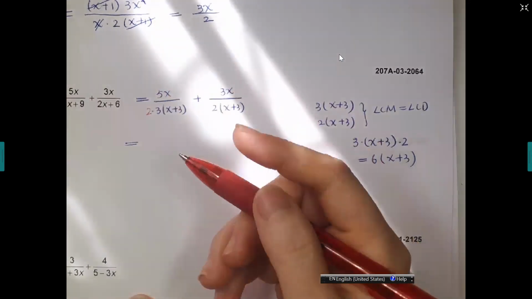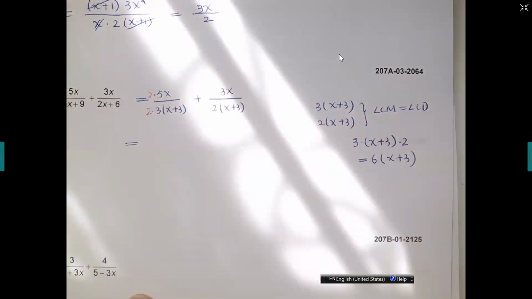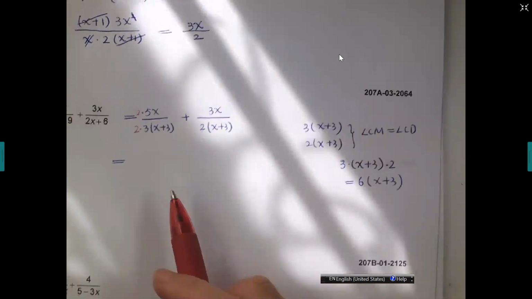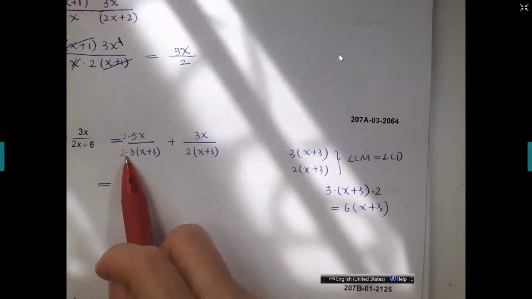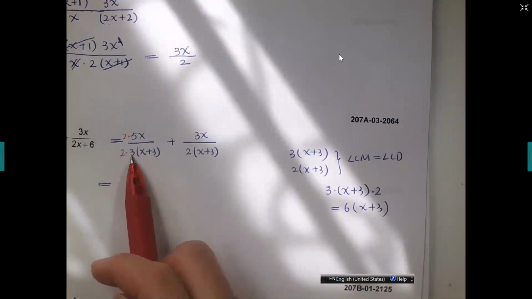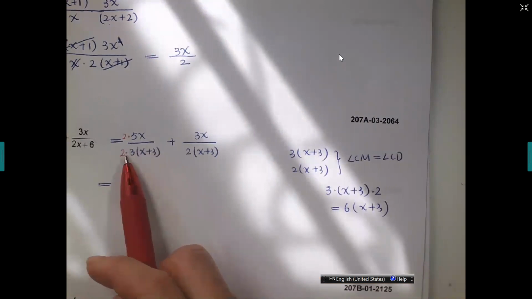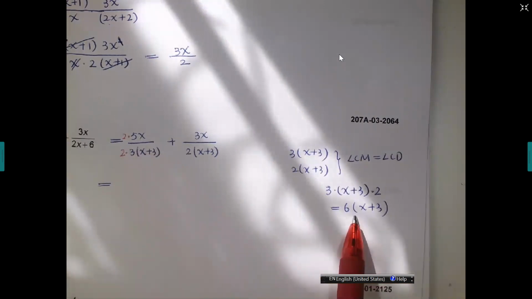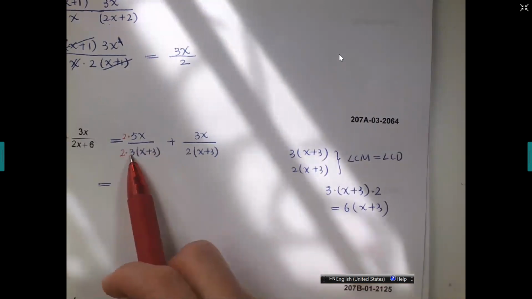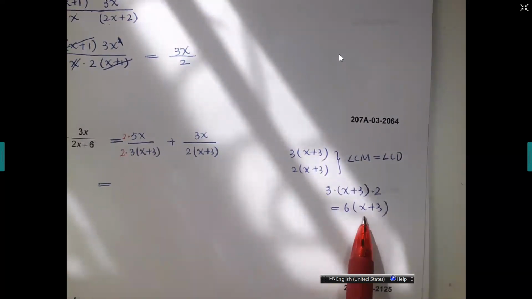Whatever we do to the denominator, do the same thing to the top, so the numerator should multiply by 2 as well. I used a different color pen to label what I did. I turned the original denominator into the least common multiple because 2 times 3 is 6, and x plus 3 stays x plus 3.